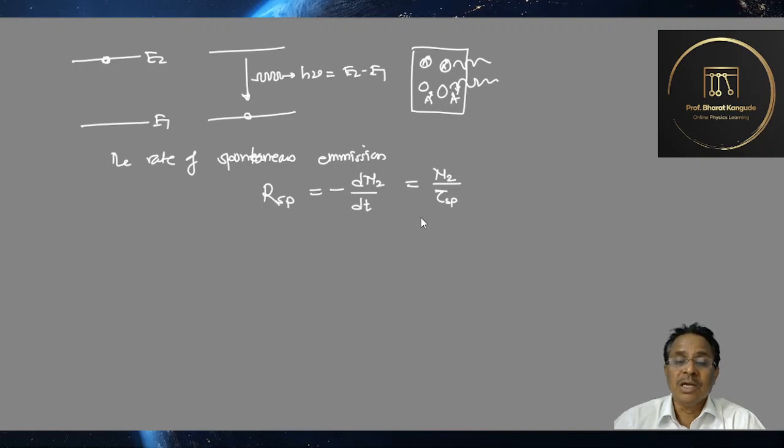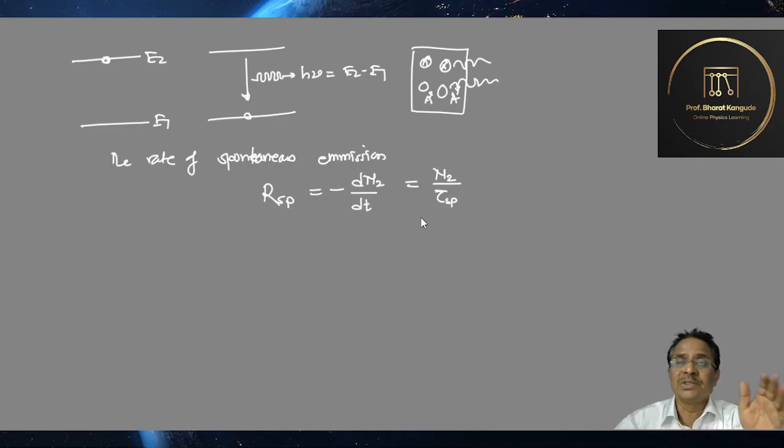So this rate of spontaneous emission is directly proportional to N2, as well as inversely proportional to the time for which the atom remains in that state. If this time is very small, RSP is going to be very large.